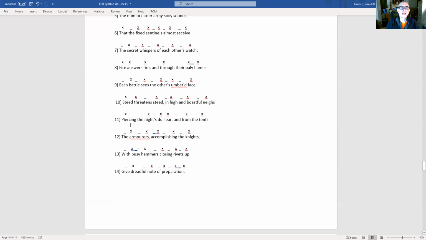Then we get to line 11. Some things about scansion are judgment calls, but here's one thing you can take as a rule. Whenever the first word in a line is a 2-syllable word ending in ing, that word will always be a trochee, okay?